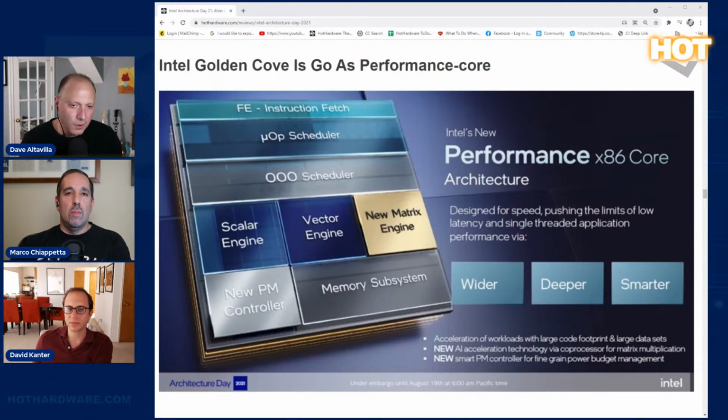How might it play out versus, let's say, an AMD 16 core full fat Zen 3 architecture? I guess it really depends how those efficient cores kick in, because we can assume the performance cores are going to be very competitive with what they claimed was a 19% IPC uplift on the performance core side. Any thoughts on that? Marco, why don't we start with you?